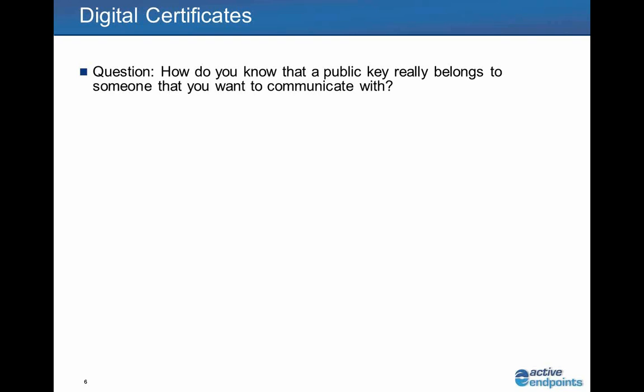Now you take that key and send them a message, and you sent it to the wrong person and they get to read it. So how do you know the public key you're going to encrypt something with, or decrypt a signature with, is for the right person? The answer is, see if someone you trust says that it's their public key.